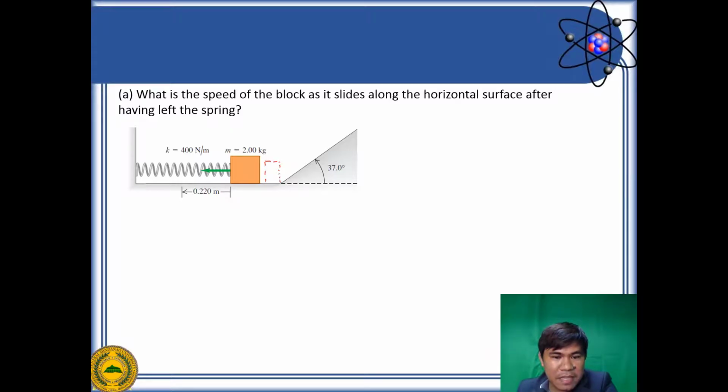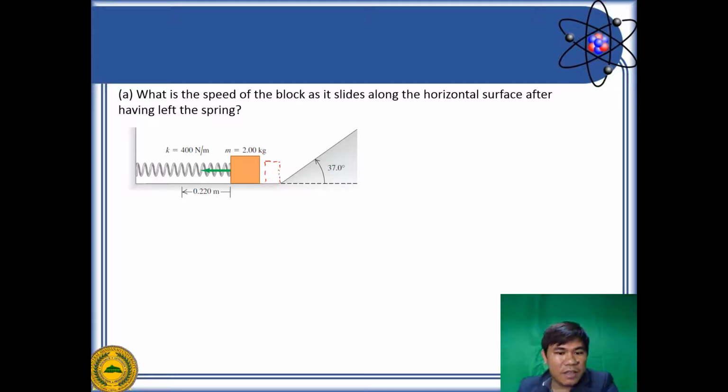That means the friction on the horizontal track is negligible. So we can assume that as it traverses this horizontal surface, the speed is constant. So when the object leaves the spring, the speed that is produced is constant.